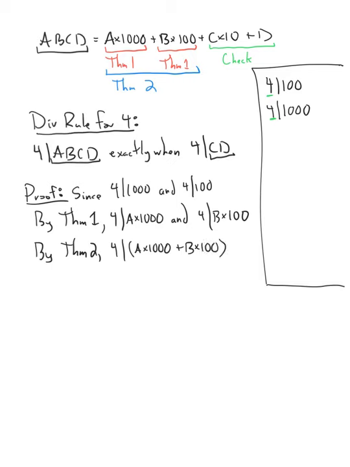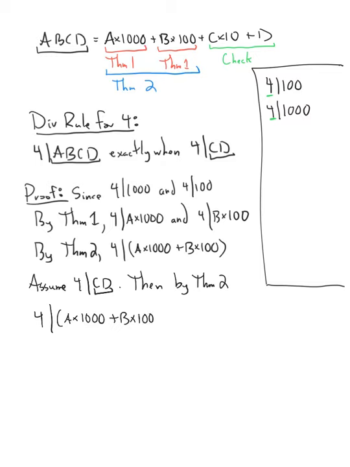Now, we need to do those 2 cases. We need to assume that 4 is a factor of the other 2-digit number at the end, CD. Then, by Theorem 2, we know 4 must be a factor of A times 1,000 plus B times 100 plus C times 10 plus D. And the way I'm bracketing it now is as follows.